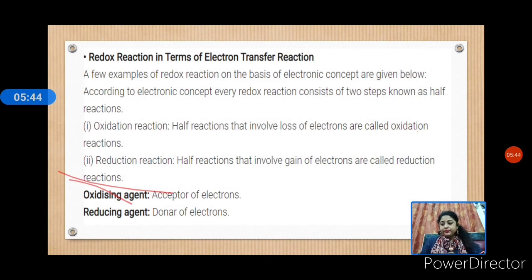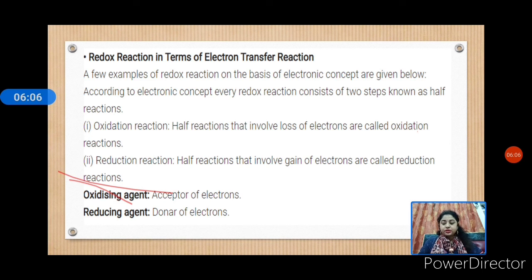You can see that all oxidation and reduction reactions are complementary to one another and occur simultaneously. One cannot take place without the other. That is, no single oxidation reaction is known or no single reduction reaction is known.